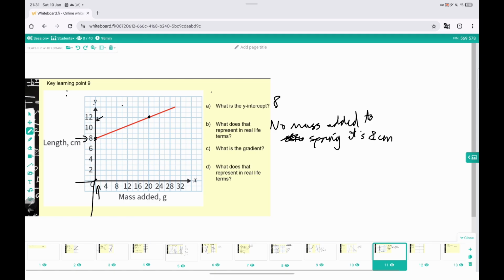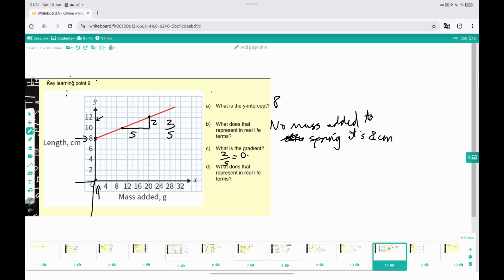I don't see any other nice ones nearby. Oh, there we go. One there. So that's a change of 2, and 1, 2, 3, 4, 5, change of 5. So the gradient is 2/5.